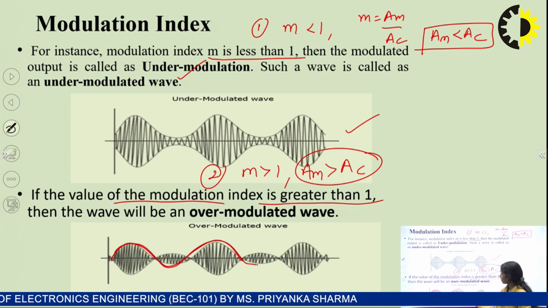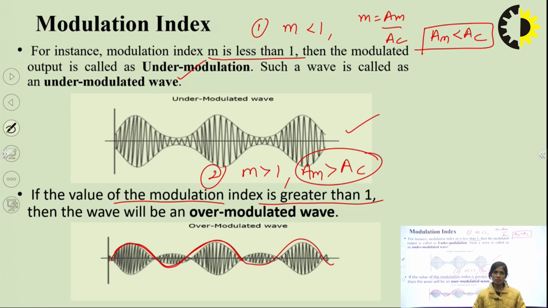Here we see the message is going to cross the axis. That means some part of the message is going to be lost. This will interfere with the lower sideband. This is the crossover modulation, also called crossover modulation, and this should be avoided because we are losing our message.